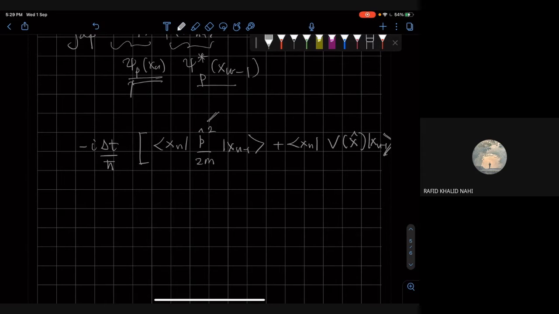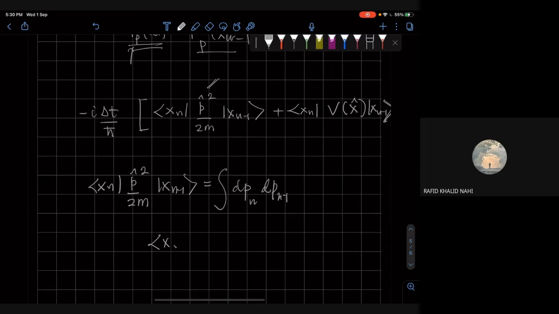So ignore the prefactor for now. x of n, p hat squared by 2m, x of n minus 1. And if I now insert the integral of d p of n and p of n minus 1, then I get x of n, p n, p squared by 2m, p n minus 1, p n minus 1, x n minus 1.